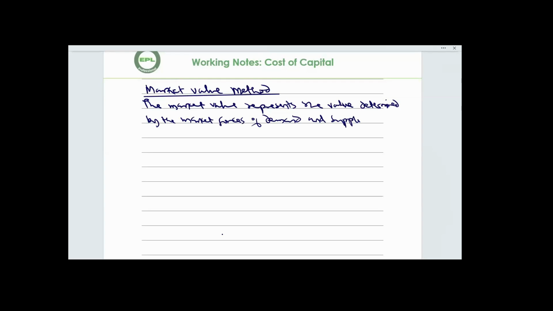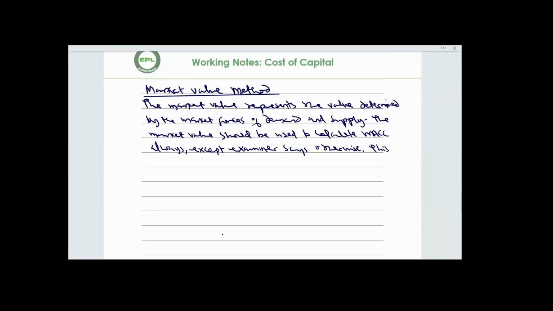The market value should be used to calculate WACC. Always, except the examiner says otherwise.